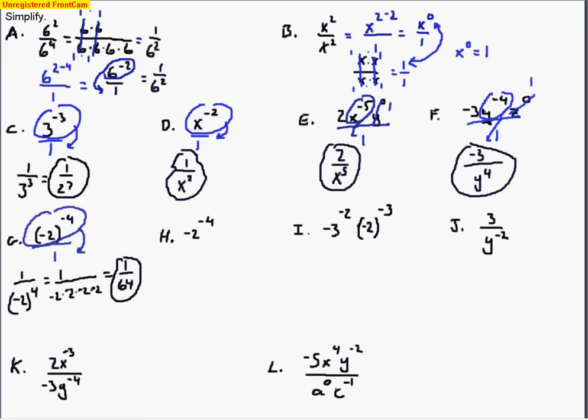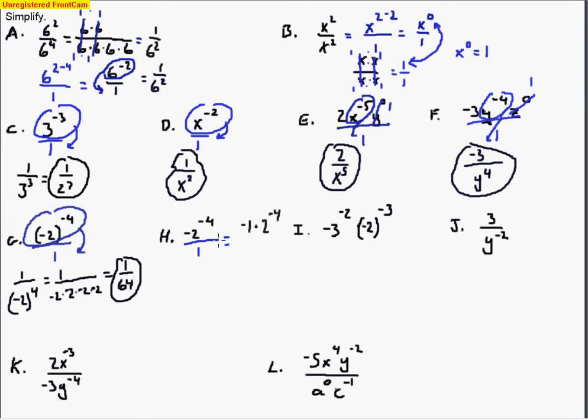Well, we have another scenario here. It looks very similar. The difference is, do you see the difference? We don't see parentheses around the -2. So this is something different. This is the same thing as -1 being multiplied by 2 to the -4th.